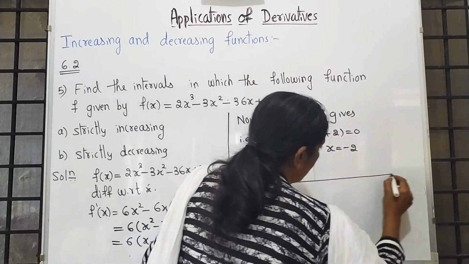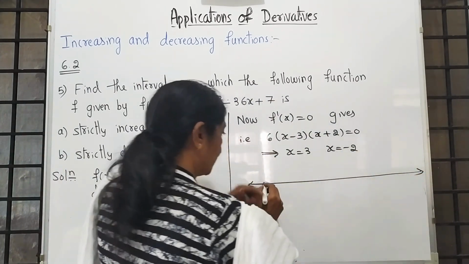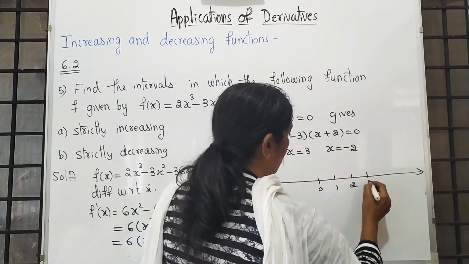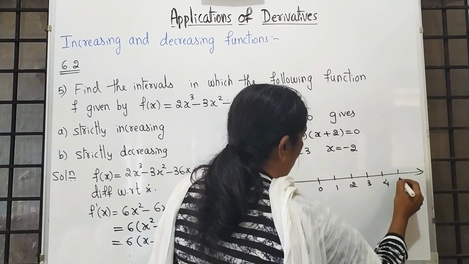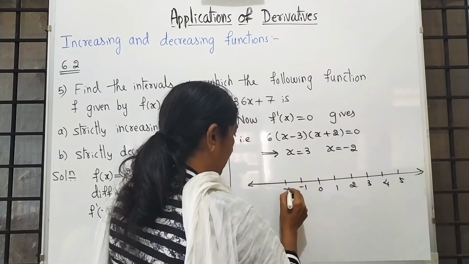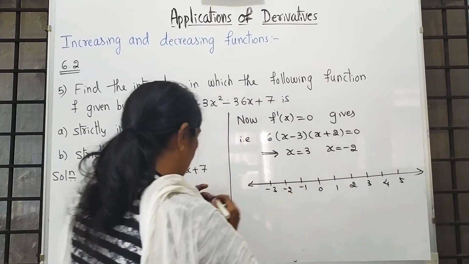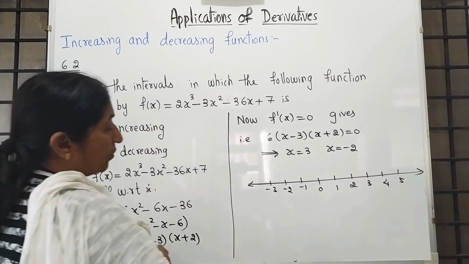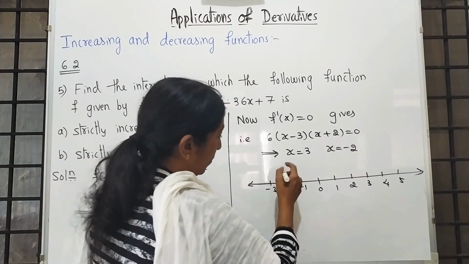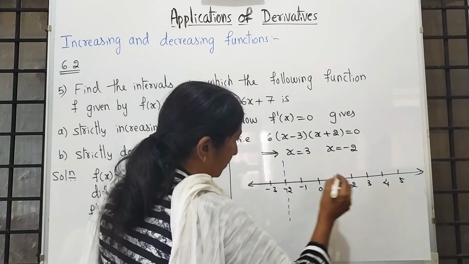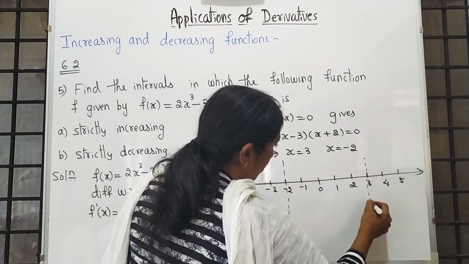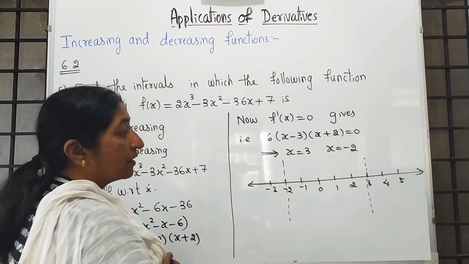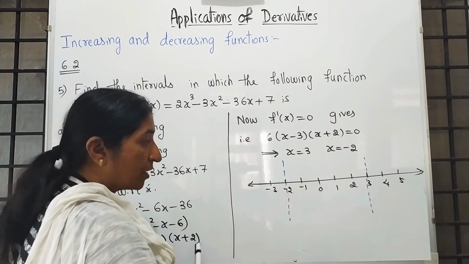Now mark this on the number line. 0, 1, 2, 3, 4, 5. This is minus 1, minus 2, minus 3. First we have to mark the points on the number line: x is equal to minus 2 and x is equal to 3. So, what are you observing? We are observing that the number line is divided into 3 parts.